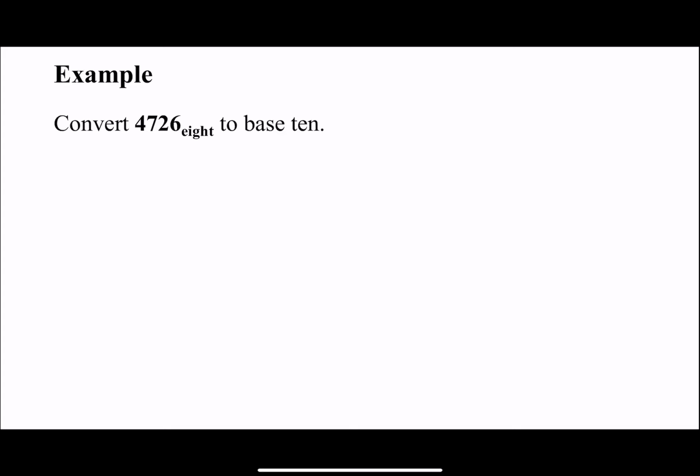Okay, we want to convert 4726 base 8 to base 10. First of all, I write down the place values. The place values are powers of 8: 1, 8 to the first power, 8 to the second power, 8 to the third power, 8 to the fourth power, and so on.